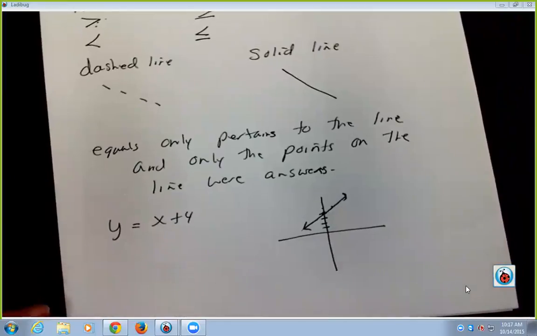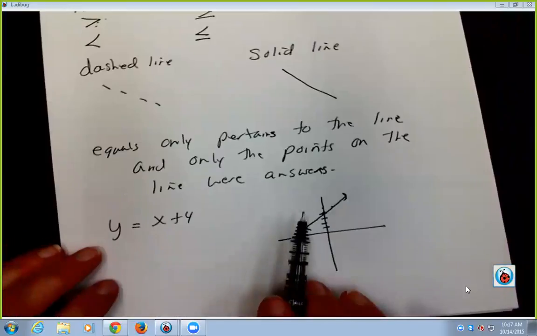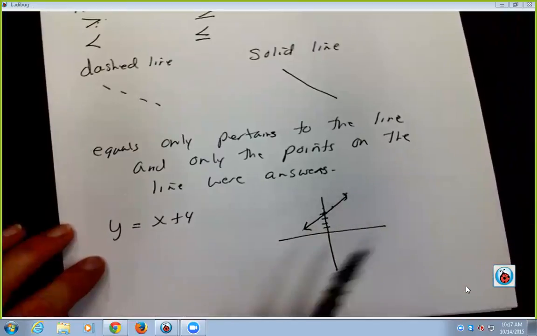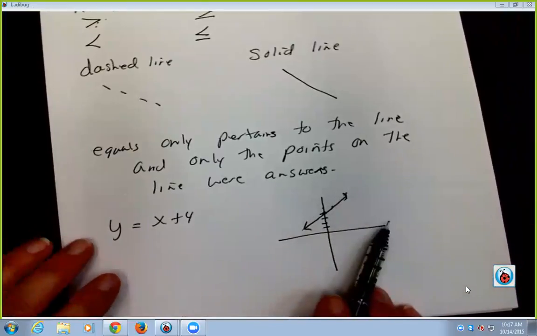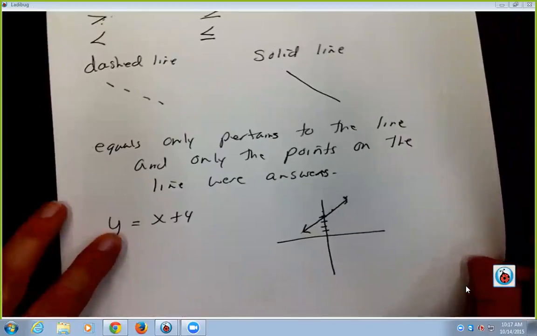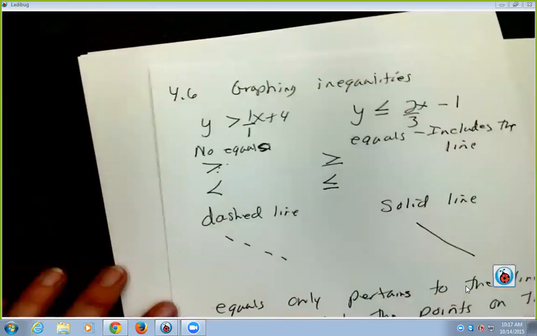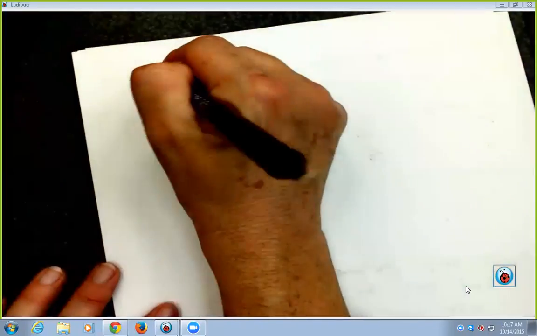With inequalities, though, we have a whole range of different points. We have a whole bunch of different things that can happen that can be solutions to it, because we're not limited just to that line. We're limited to either side of the line. So if I take the same equation, and I say, what did I have? Y is greater than x plus 4.